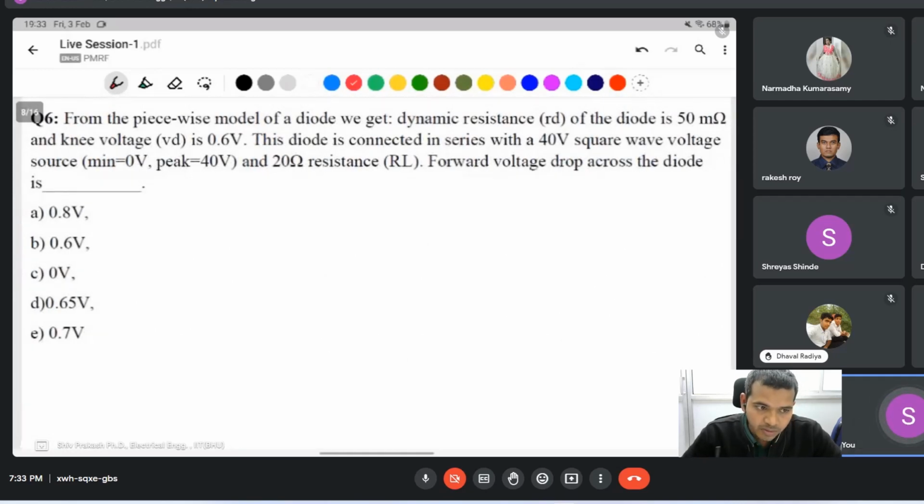Next question is given. On the piecewise model of a diode, we get the dynamic resistance of the diode as 50 milliohm. The knee voltage, or cutoff voltage, Vd is 0.6 volt.